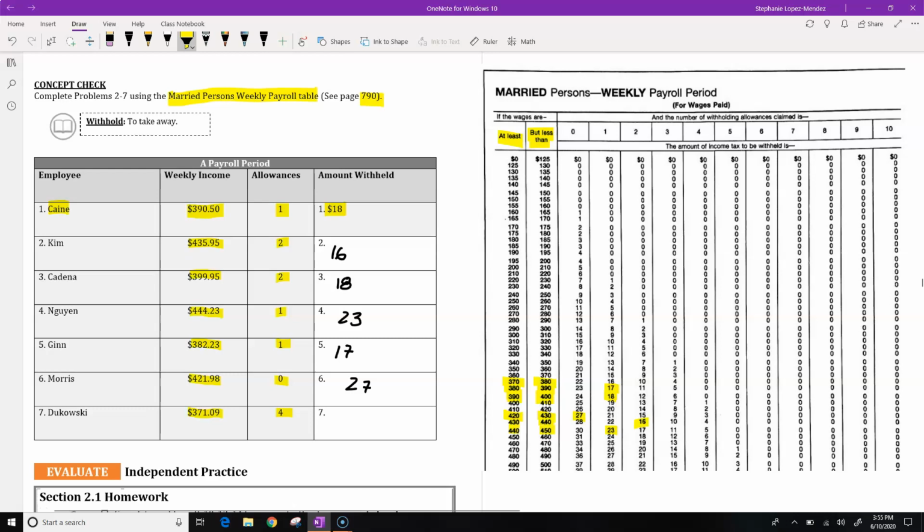This person has 4 allowances, so it won't be 0, it won't be 1, it won't be 2, it won't be 3, it would be 4. So in that case, the amount withheld is $0.